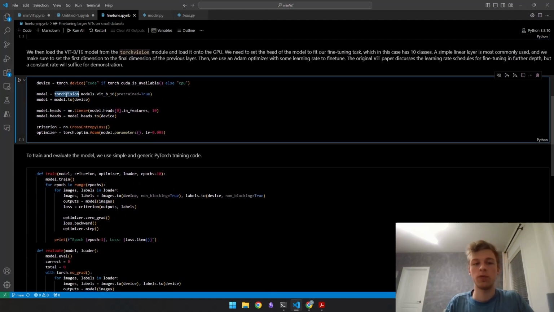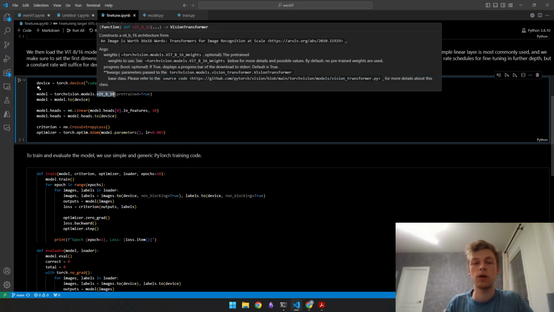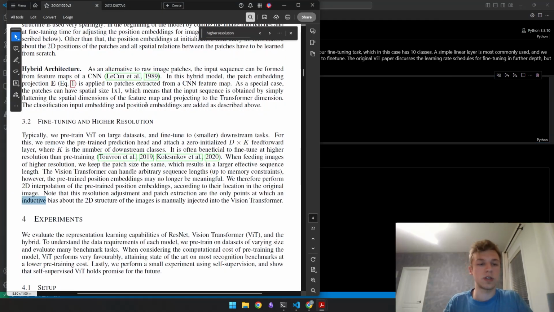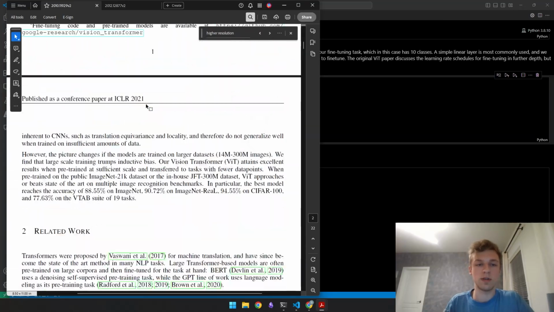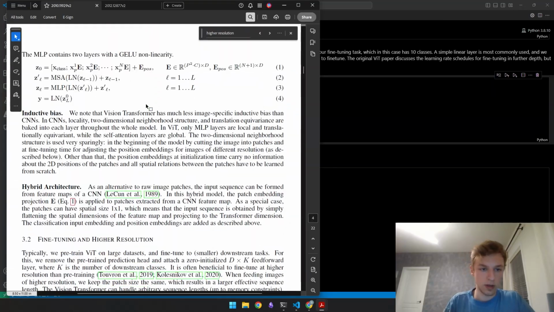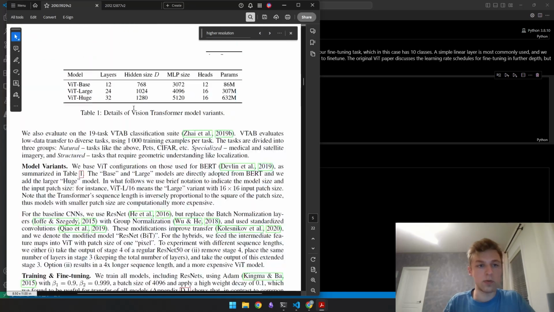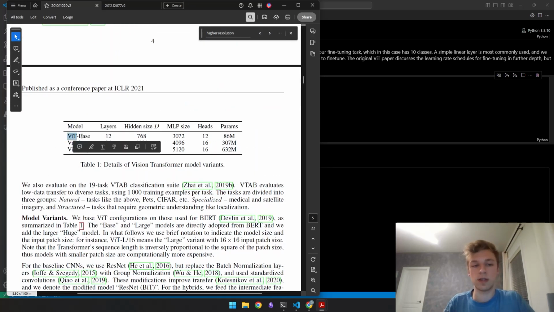Here we're able to load from torchvision.models the ViT B16 model, which is the smallest among the 3 major types that the authors trained. And if we go down here, we have the ViT base, that's the one we've selected. There's also the large and the huge, and these have very large dimensions.